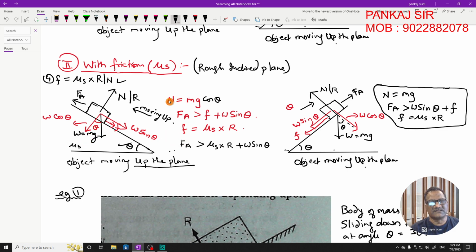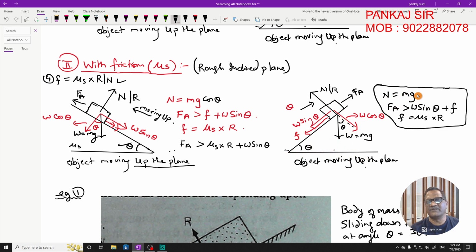This is how you have to understand the FBD of a block kept on an inclined plane when friction is involved. As I told you, if you flip the inclined plane in this way, nothing changes.